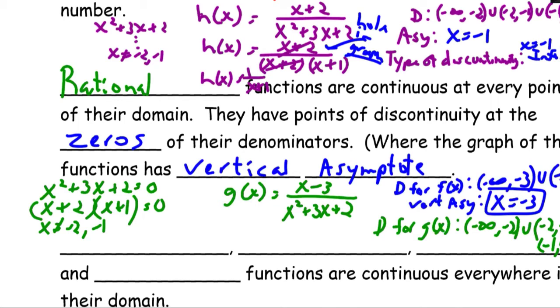Point or removable. So we have point discontinuity at x equals negative 2. But everywhere else, because everywhere else is in the domain, it's fine. So it's only those points that are not in the domain. I need more room on this. I should give myself more room.